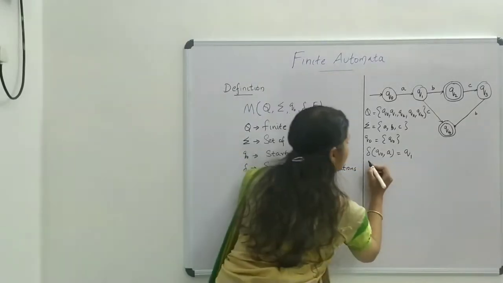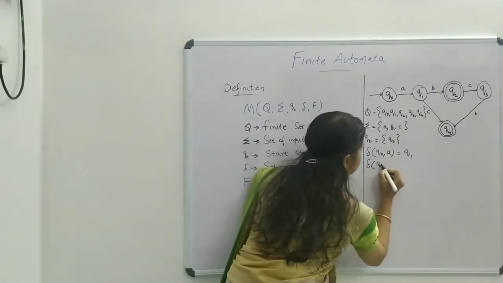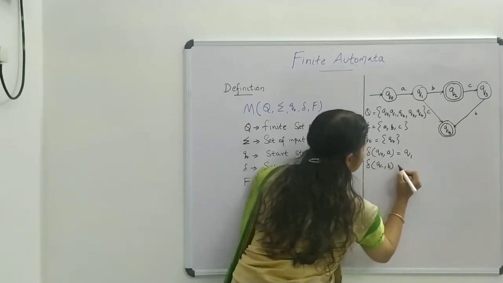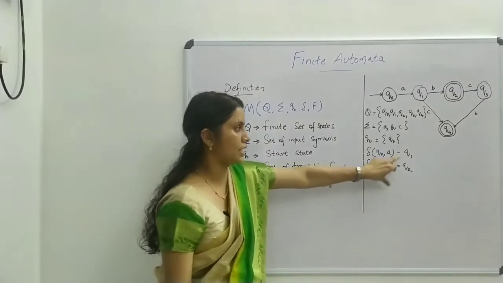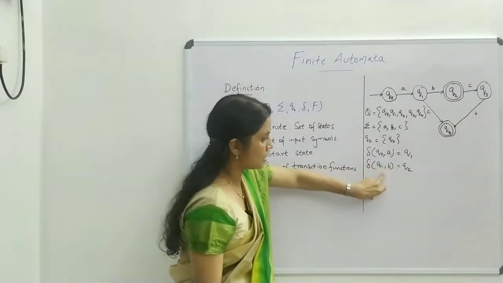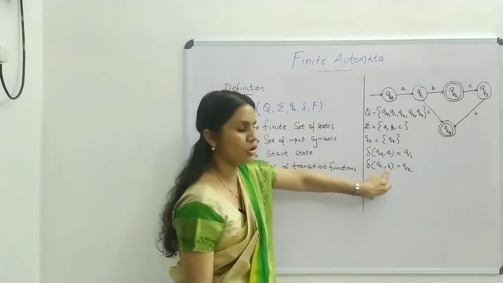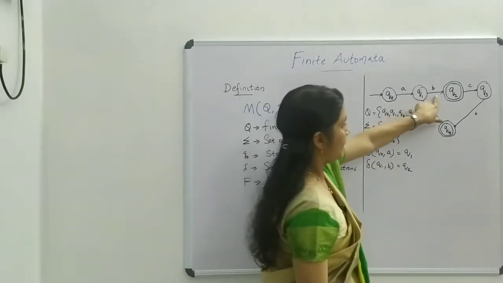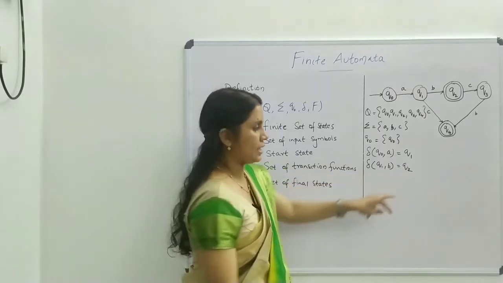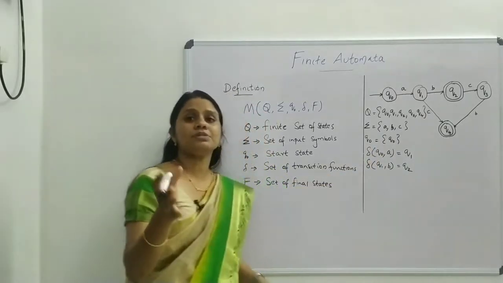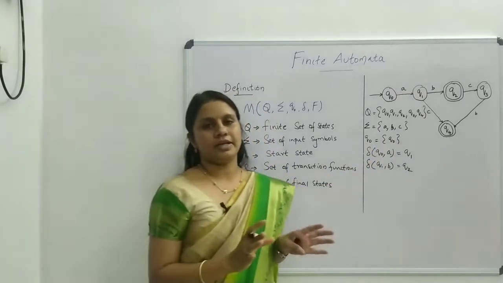And given the current state Q1 and the input symbol B, the finite automaton moves to the state Q2. Likewise it goes. So it describes the operation of the finite automaton.